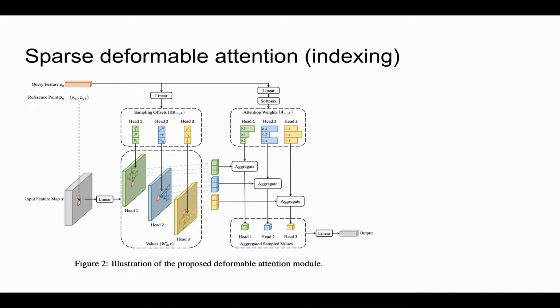I can have explicit indexing, explicit offset where to look. Of course, with some weights, weight 1, 2, and 3.